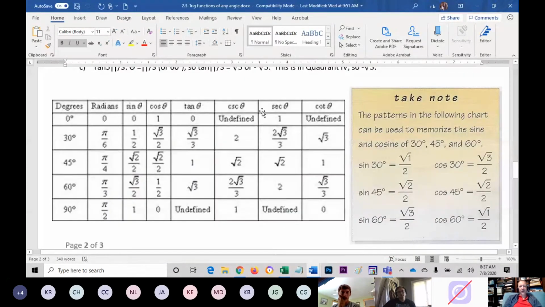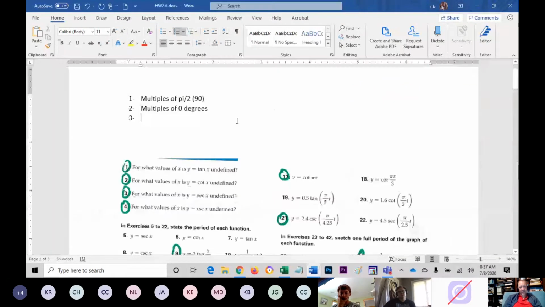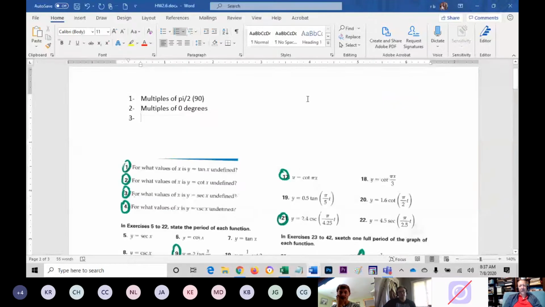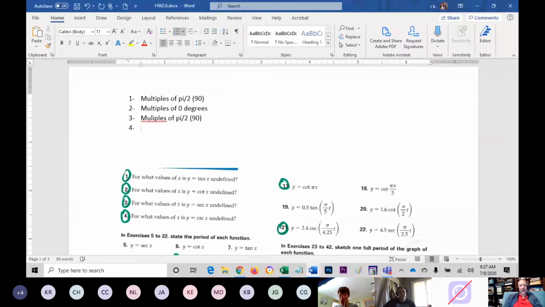I have to cheat here. Cosecant is 0. Is that what it said? Oh, secant. Secant, yeah, it is 90 degrees. You're very good. So multiples of pi halves, which is 90 degrees. And the cosecant, we just said that, multiples of 0.